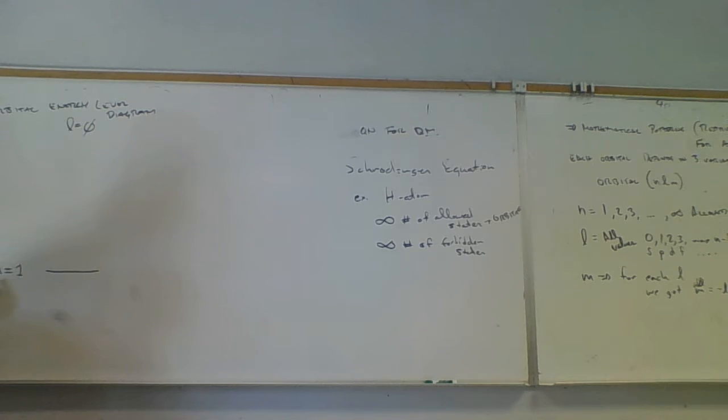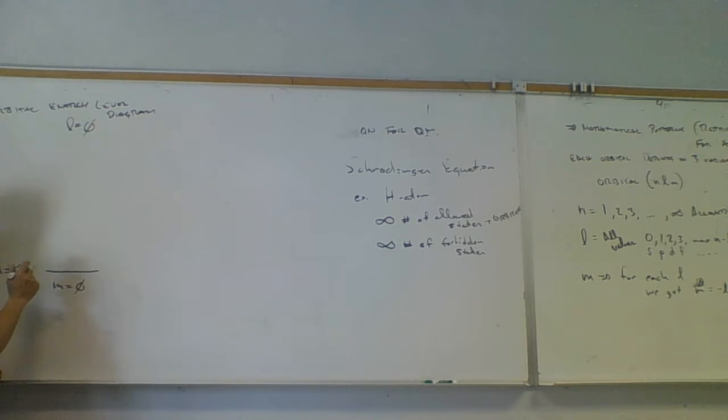If I have n equals 1, is L equals 1 allowed or forbidden? Forbidden. Schrodinger equation. So if n equals 1, L equals 0, then what is my M value? It's going to go from minus 0 to 0, which is just one value. Minus 0 and 0 is the same thing, it's just 0.